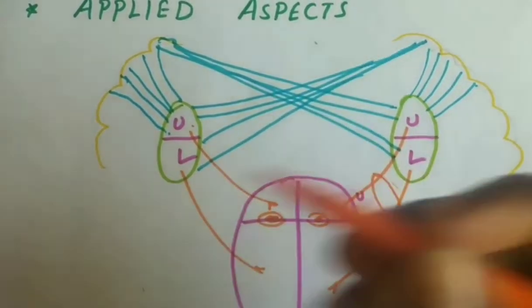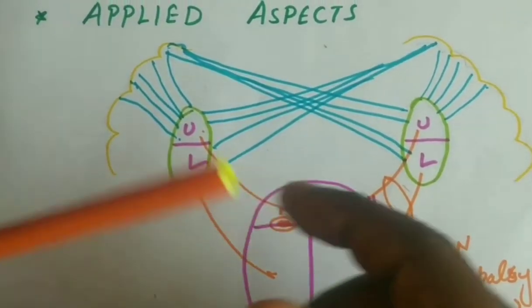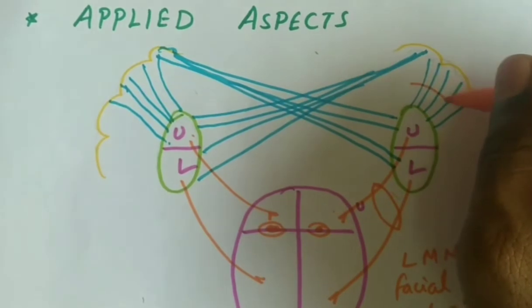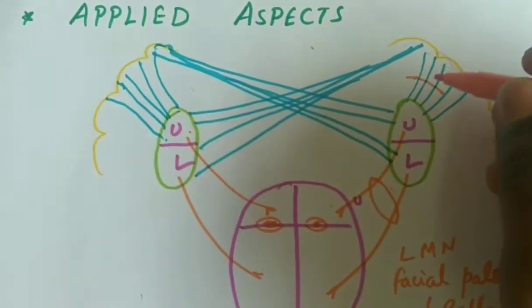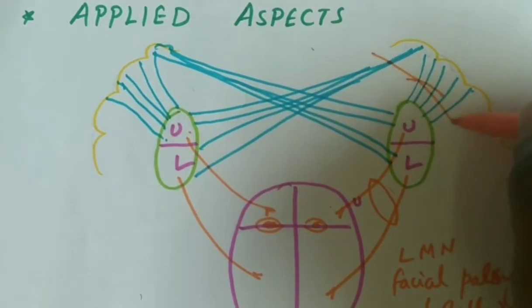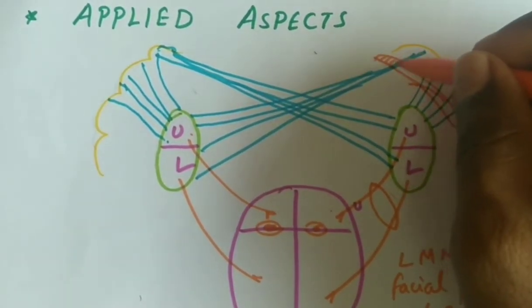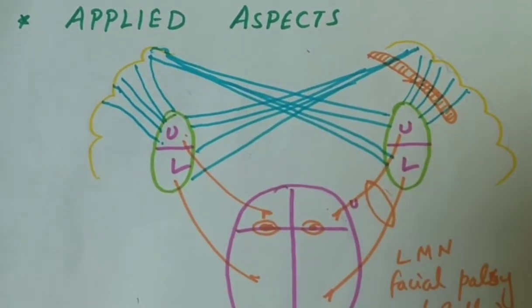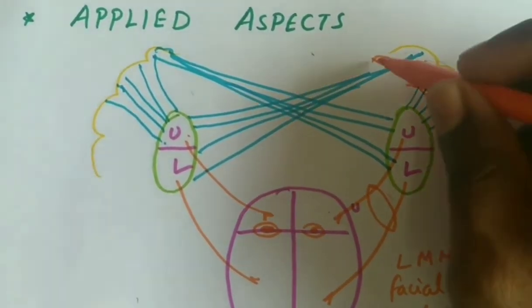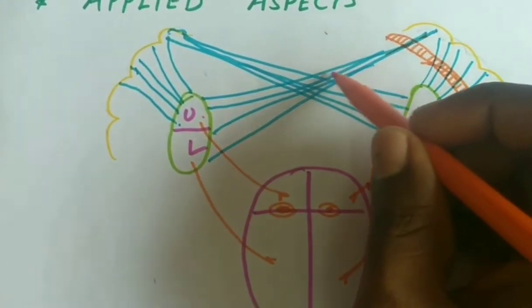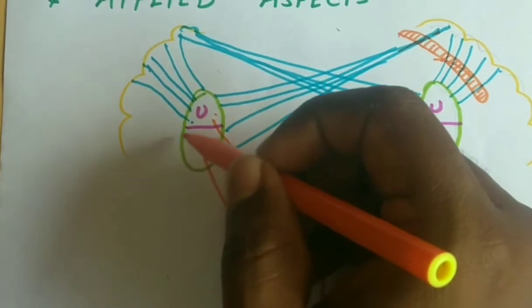Similarly, now we'll compare it with the upper motor neuron facial palsy. If the lesion happens at the cerebral cortex level, somewhere in the cerebral cortex or in the pathway fibers, wherever it is coming from, these fibers are going to control the opposite side facial nucleus.